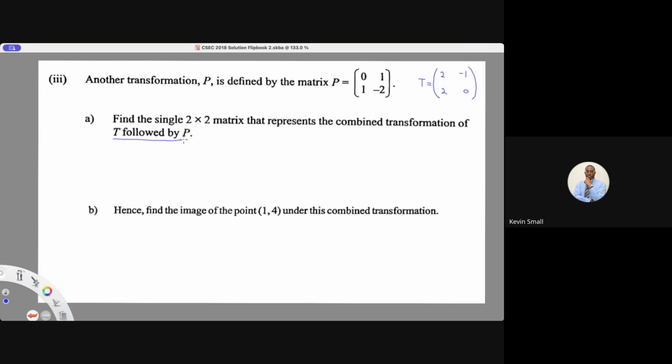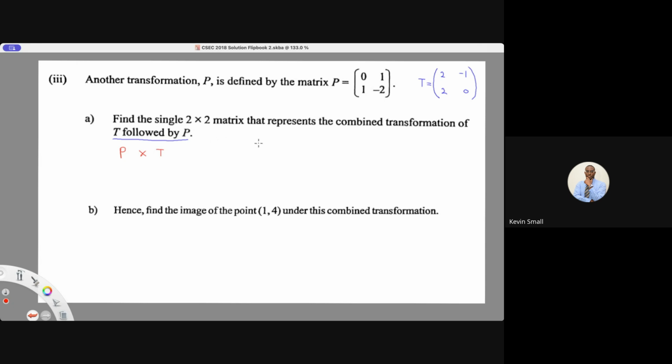Now, I do have this in my notes that I'm going to post in the classroom, but when it says T followed by P, when you're doing the calculations, you put the P matrix on the left and the T matrix on the right. It sounds counterintuitive, but that's just how it is done. So you put the P matrix first and the T matrix last. That is just how it is with matrices. That is in my notes. So just please remember that when you are working it out.